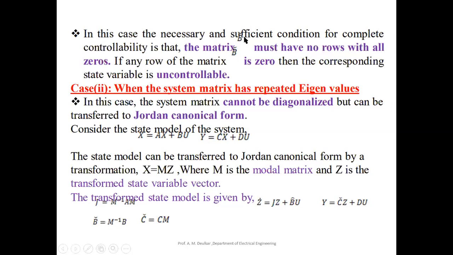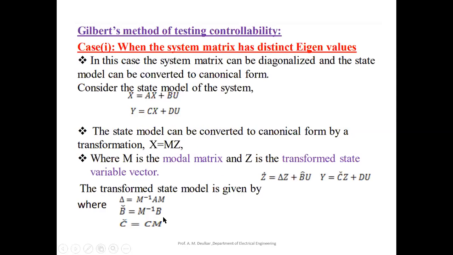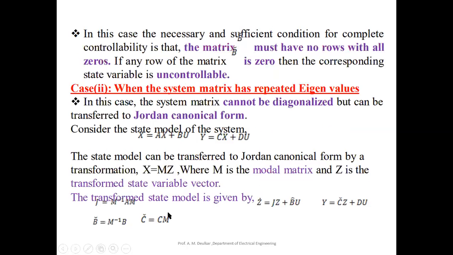In this case, the necessary and sufficient condition for complete controllability of the given system is that the matrix B bar must have no rows with all zeros. This matrix B bar should not contain any row with all zeros. How do we get the B bar matrix? M inverse into B. If any row of the matrix B bar is 0, then the corresponding state variable is uncontrollable.